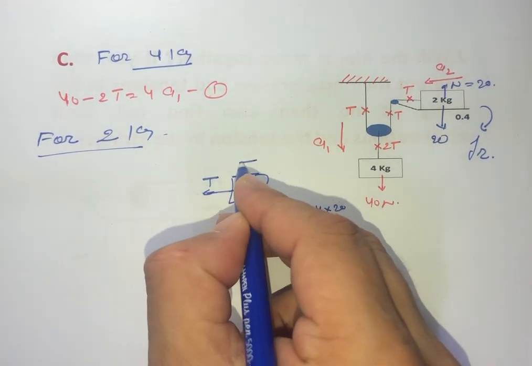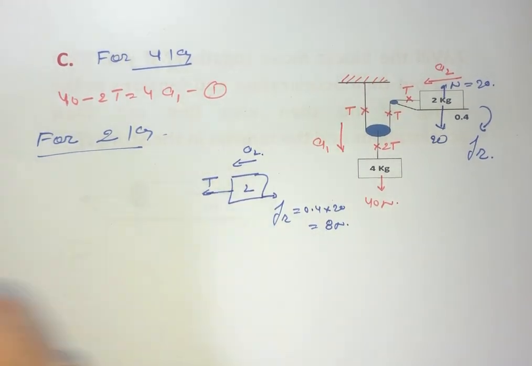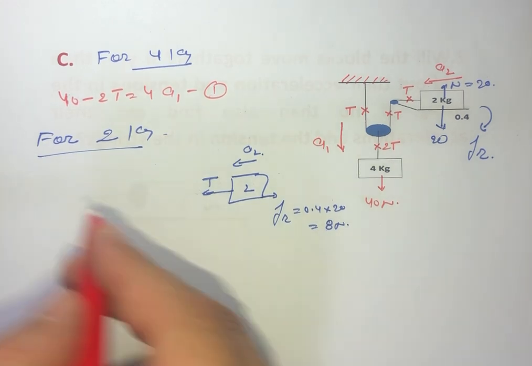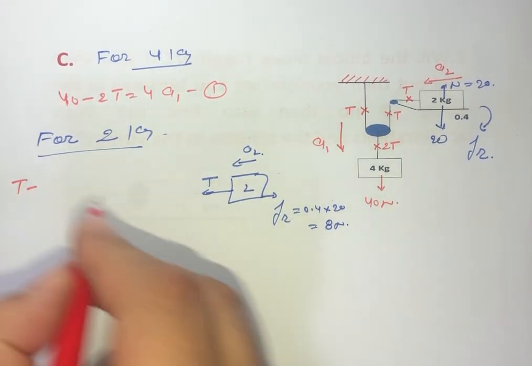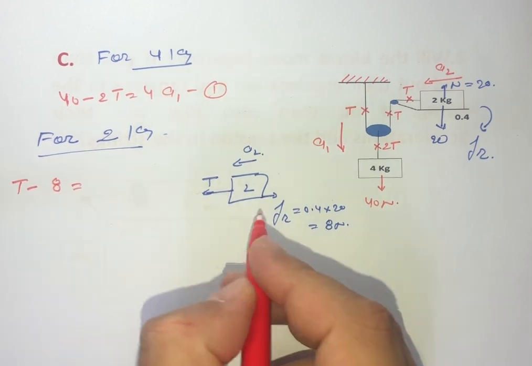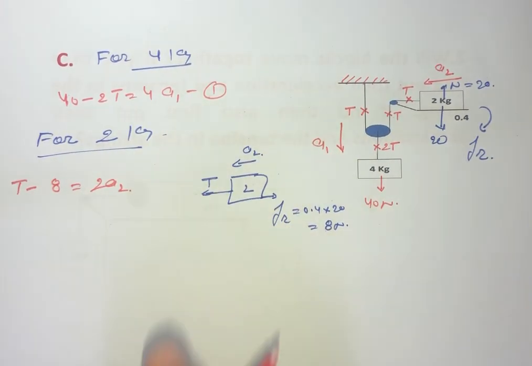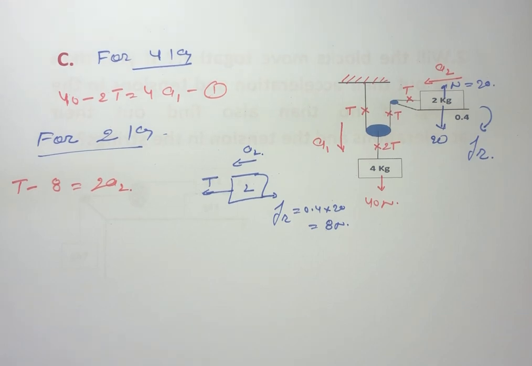And it is given acceleration of a2. So we have here T minus 8 will be equal to 2a2.